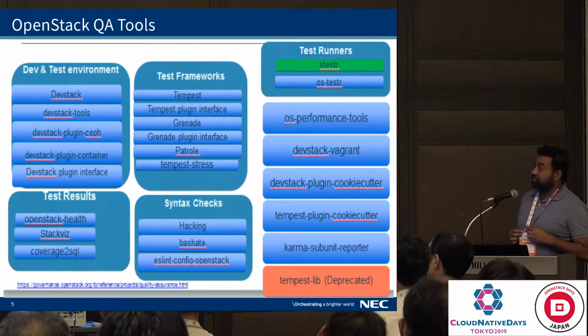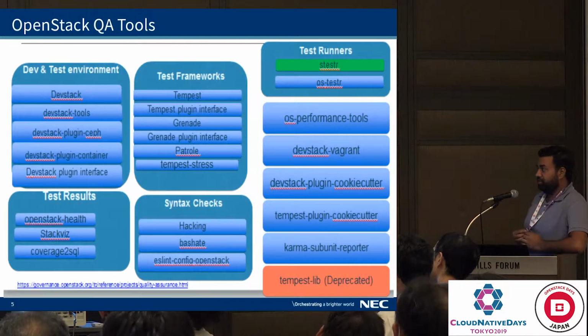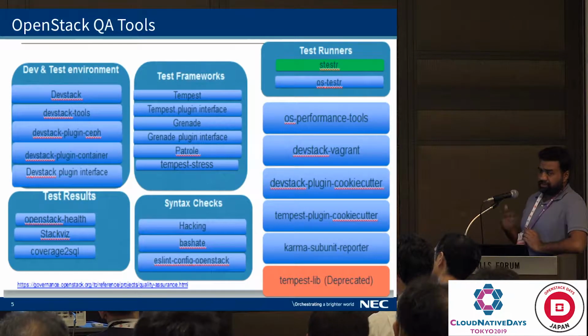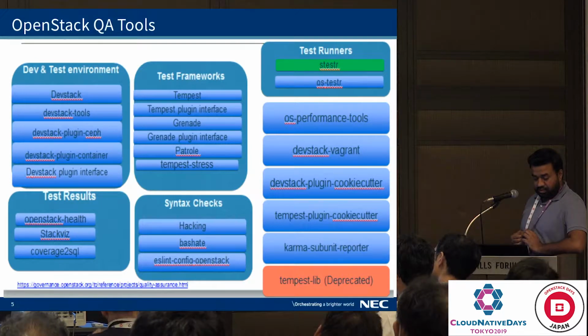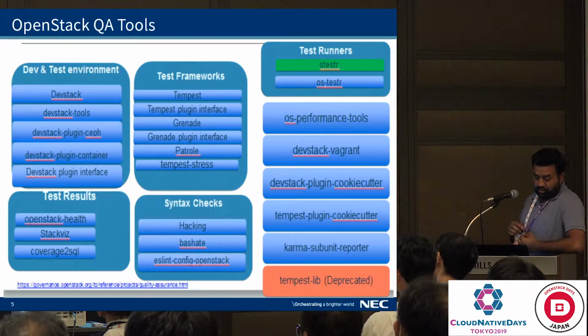We have a couple of test frameworks like Tempest and its plugins, Grenade for upgrade testing, and Patrole for RBAC testing. We'll be covering those in the next slides. And all the others are used especially for the development environment only.